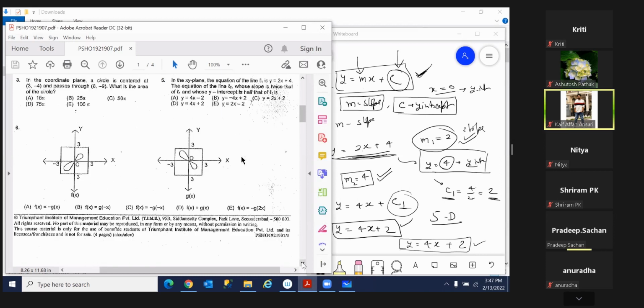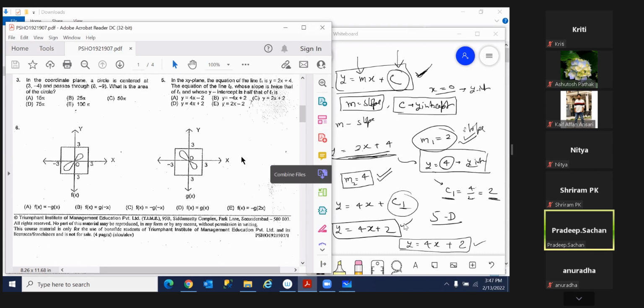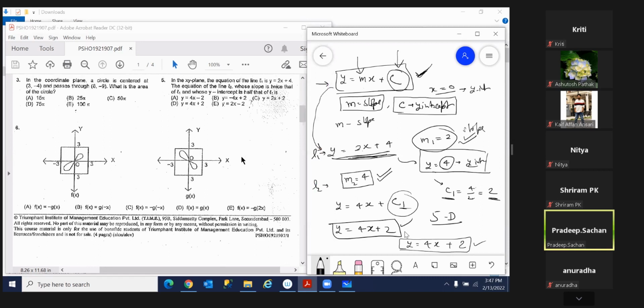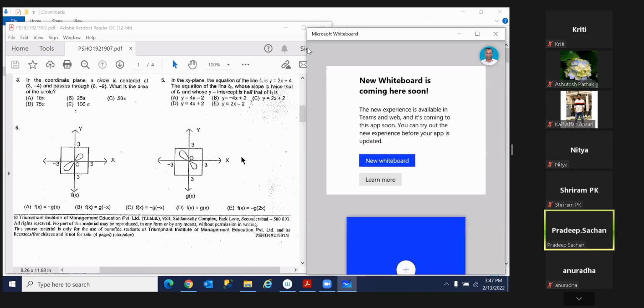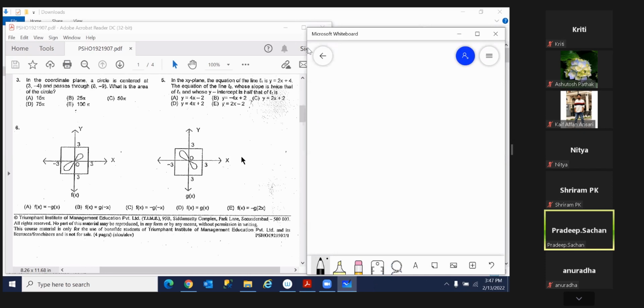Now this is an interesting question. So we will take the basic concept for this question. Suppose I have drawn a graph like this. Suppose this is my graph of y is equal to f(x).